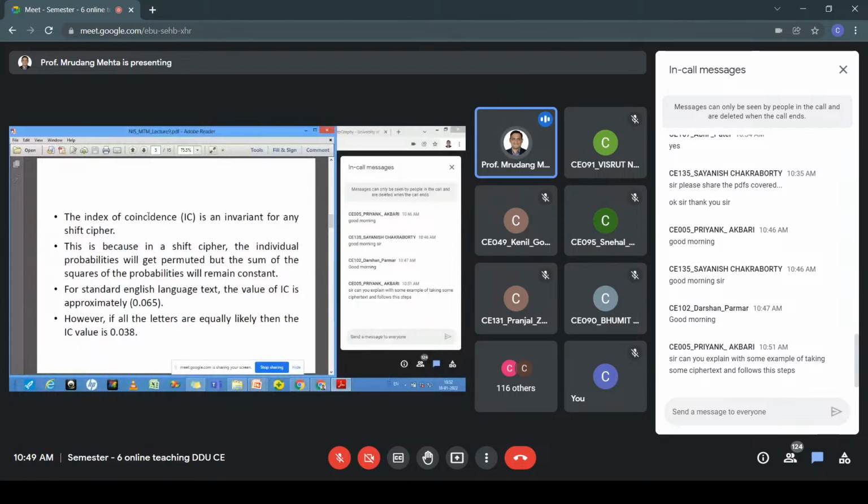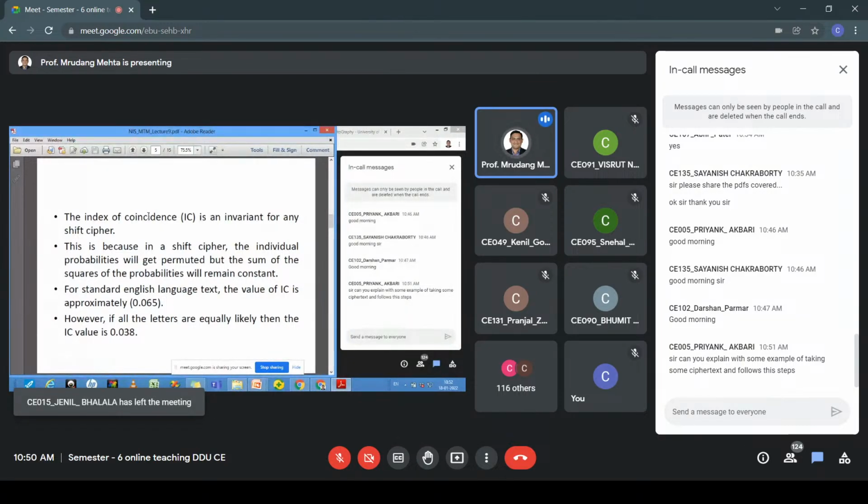So this point was discussed, and we discussed that there are two threshold values, or two endpoints, within which we should get some particular value, and then we should try to reach near the standard English language IC value. The IC value is 0.065 for standard English language text.